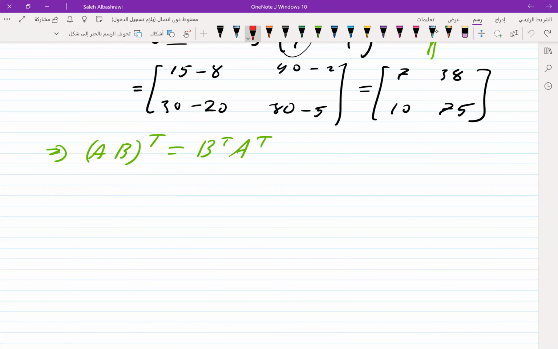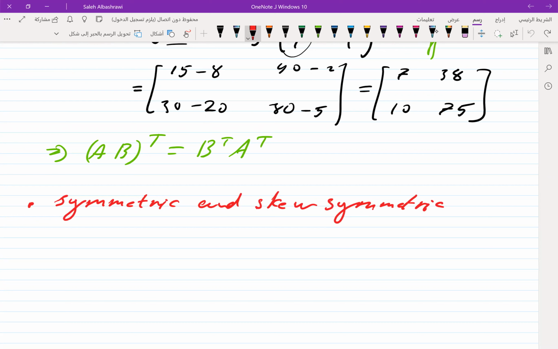Now, next point, we need to define something called symmetric and co-symmetric matrices.